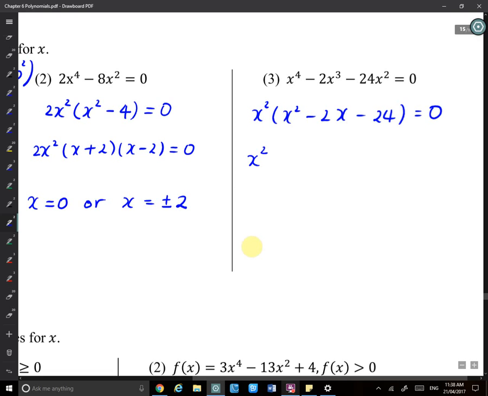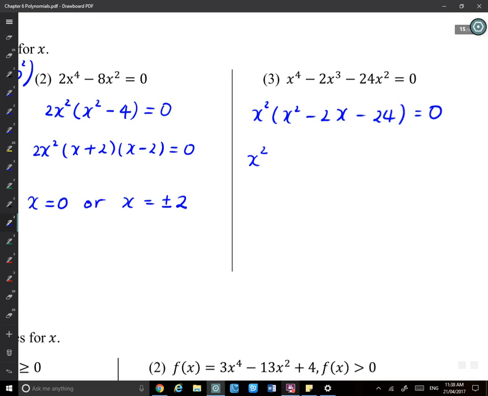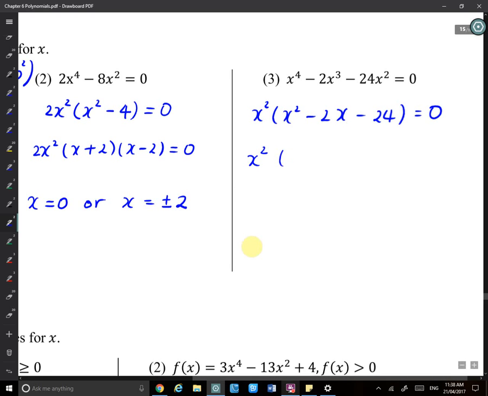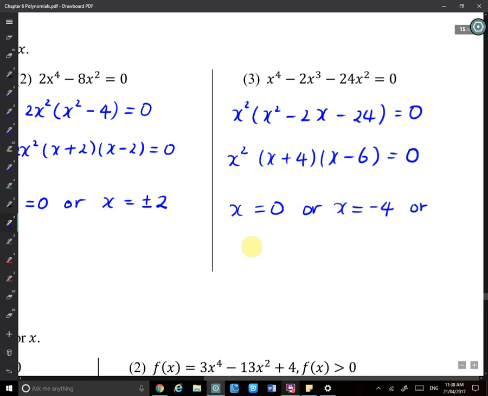Want to make a 2 from 24, you have 4 and 6. Okay, 4 and 6 can give you a 2. You need a negative 2, then you need a negative 6. That equals to 0. Then x equals to 0 or x equals to minus 4 or x is 6.